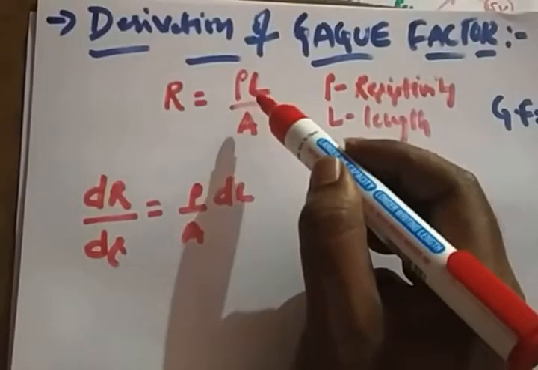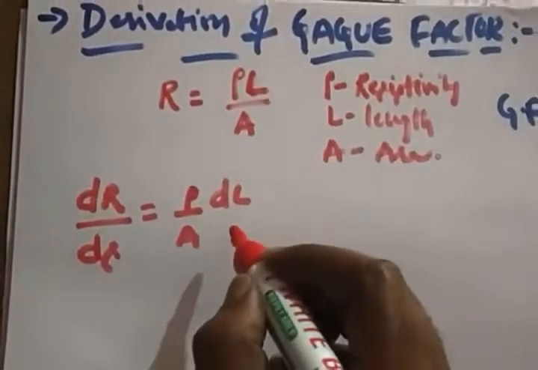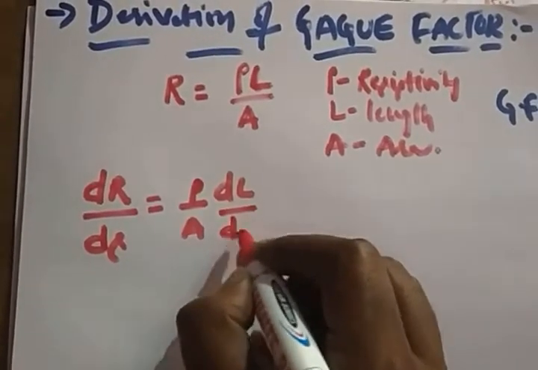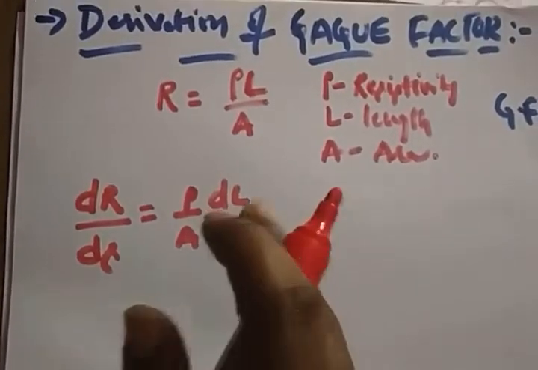First we take L, with rho by A constant. L is the variable I am differentiating, so dL by dS.